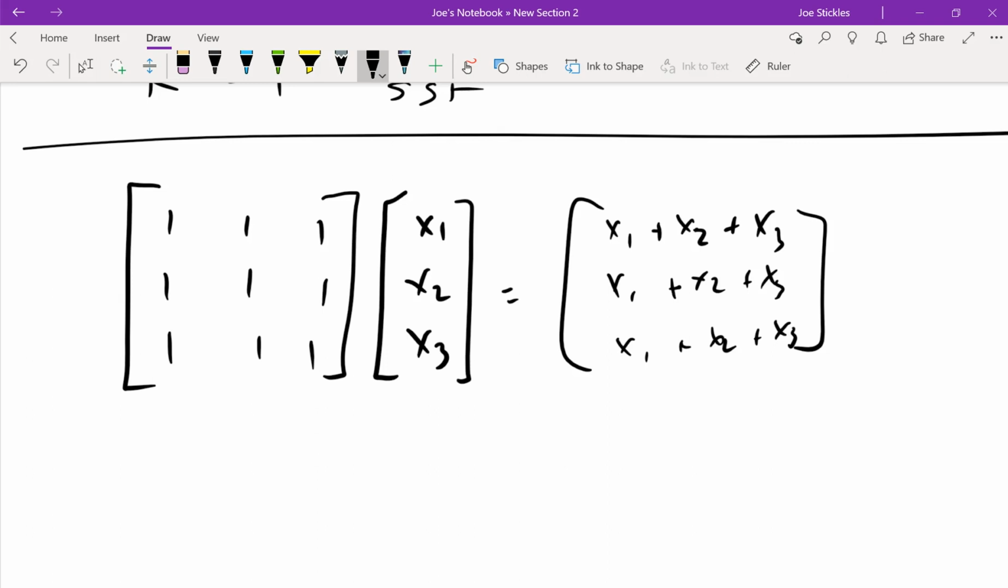So notice when we have this matrix of all 1s, we can get the value of the sum of the components in each of these spots. Okay? All right. Well, if instead of having 1s there, what if I had 1/3 everywhere?